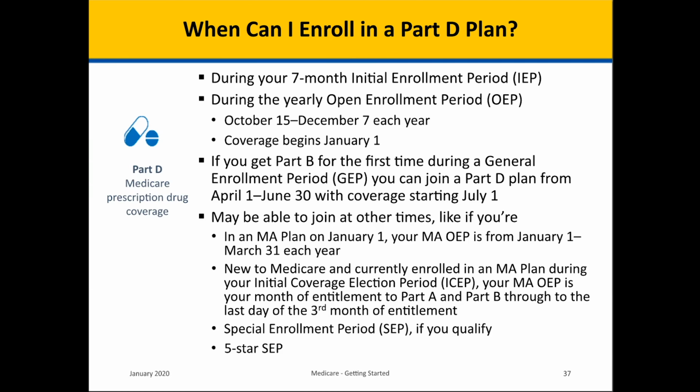You can switch to a Medicare Part D plan that has 5 stars for its overall star rating from December 8th through November 30th of each year. However, you can use this SEP once during this time frame only. Next slide, please.